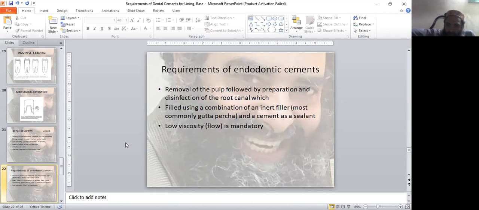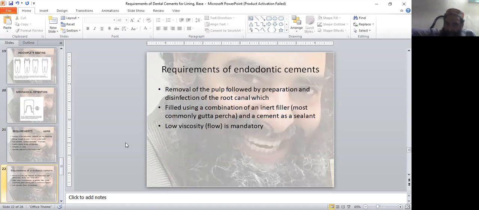Now, requirements of endodontic cements. Endodontic cements are used when we are going to do our root canal treatment. Whenever we do root canal treatment, we use endodontic cements.